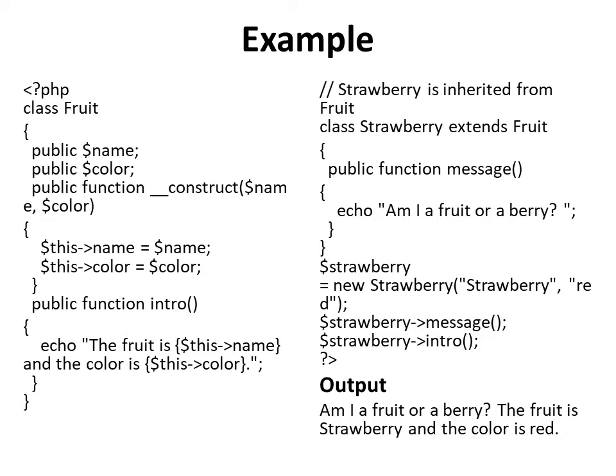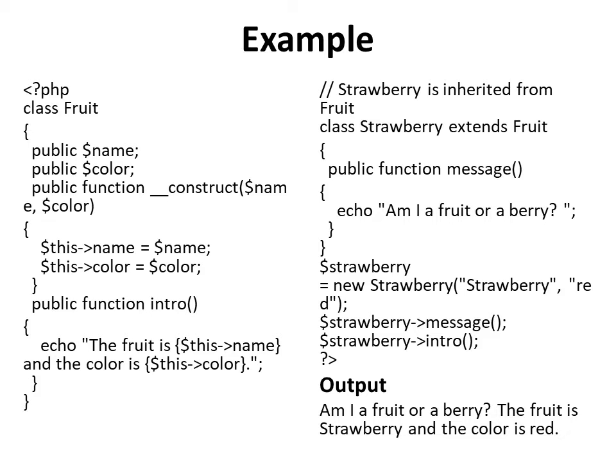Now outside both classes, I have created an object of strawberry, and inside the constructor I have passed the name and color of the fruit. Now I have called message using the strawberry object and intro using the strawberry object.